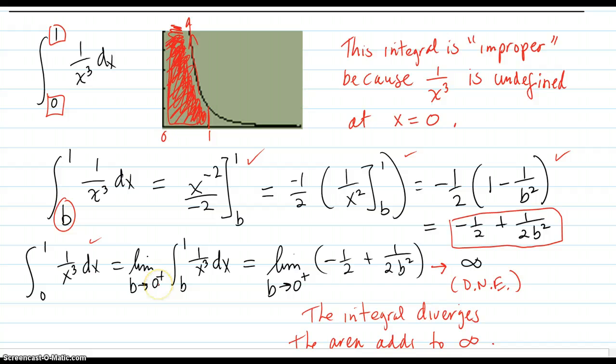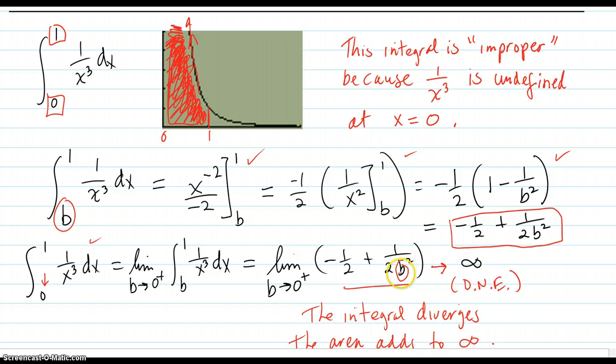We could just say 0, but we're really going down to 0 because the interval goes from 0 to 1, so we're not concerned with anything below 0. So I might as well put in plus. That might matter. Then put the b there. Then put in what that integral from b to 1 was equal to.